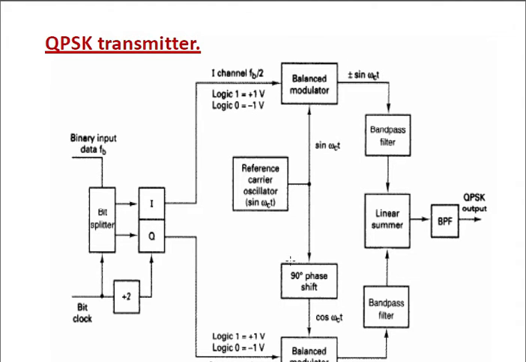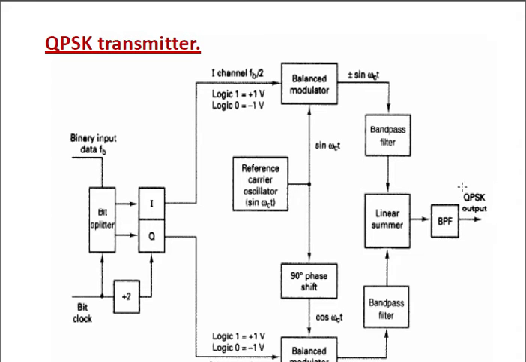But here, the 90 degree phase shift is created with reference to the original I channel, and that is given as cos omega ct. Here the output is plus minus sin omega ct. Similarly, here the output is plus minus cos omega ct, and that is given to the band pass filter, and both outputs of the band pass filter are given as input to the linear summer. Then the output of the linear summer is given to the band pass filter, which gives the QPSK output.